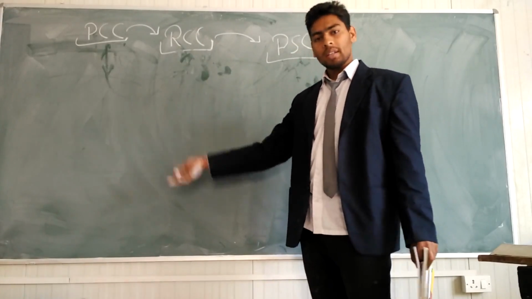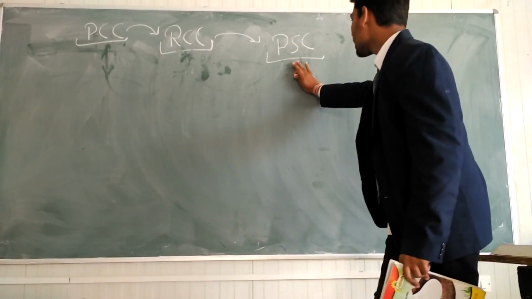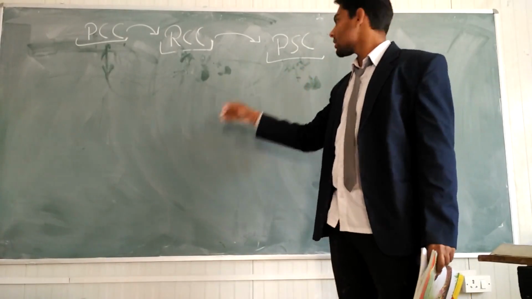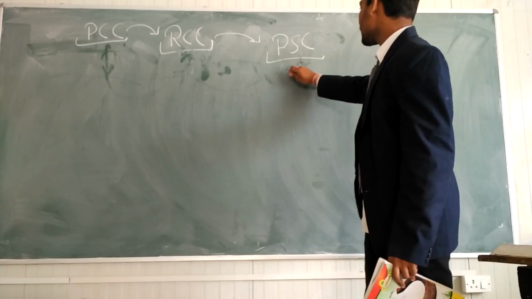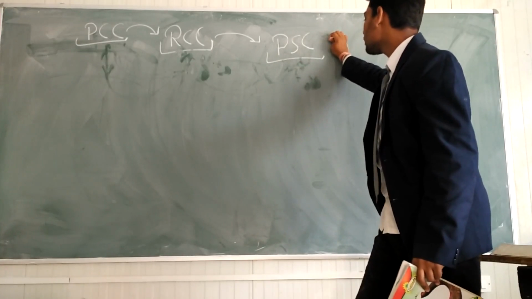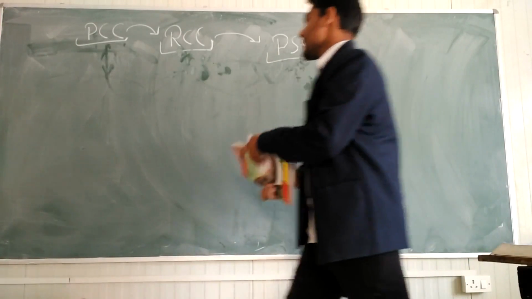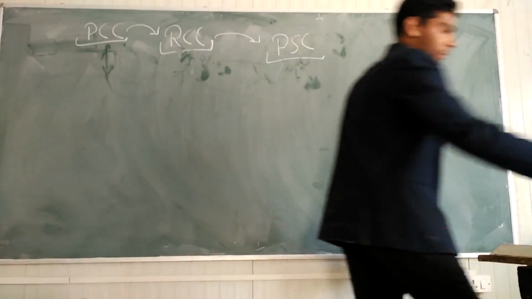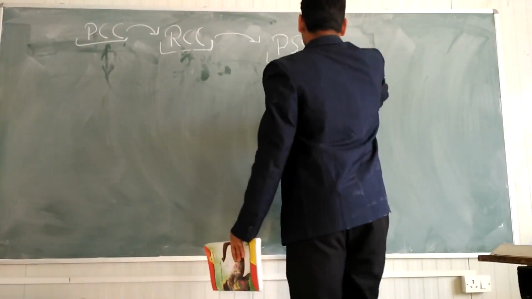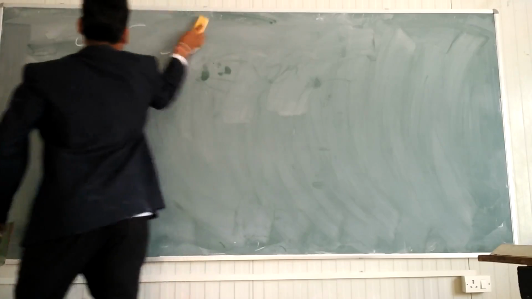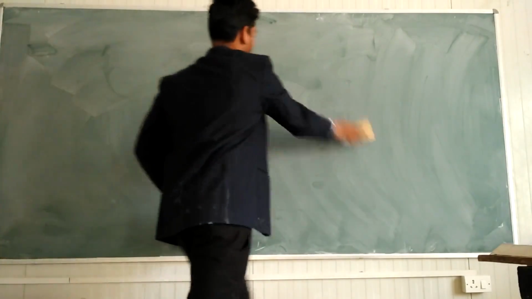These are not iron bars, but a bunch of wires. We introduce the bunch of wires by giving tension in a particular beam or structure, and then PSC is made. There are many types of PSC, but we only discuss two methods of how PSC is formed.